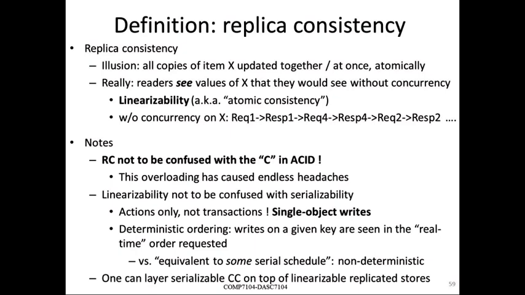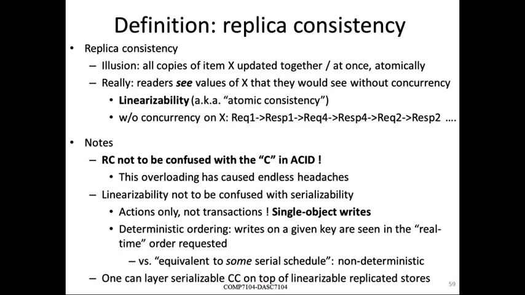Ideally, when we want strong replica consistency, we want all copies of some record X to be updated together at once atomically. That basically is the ideal replica consistency. In reality, of course, we cannot have that. In reality, it's enough that readers should always see the values of X that they would see without concurrency.